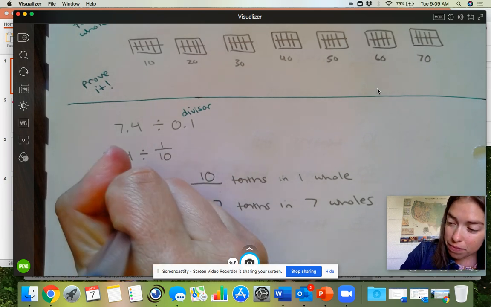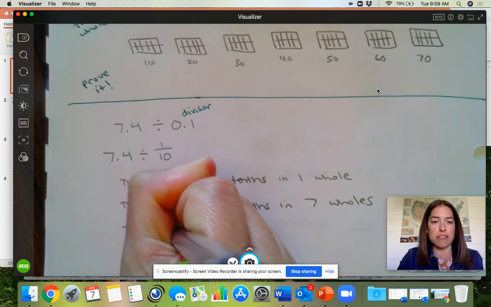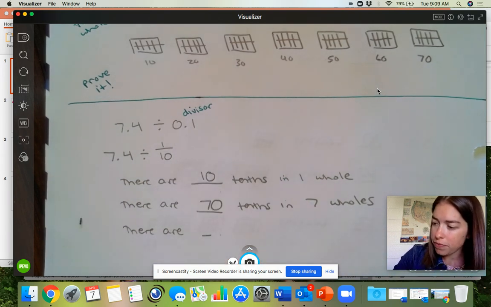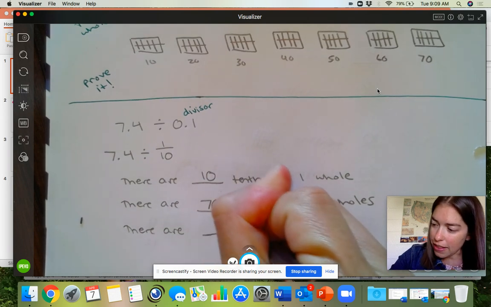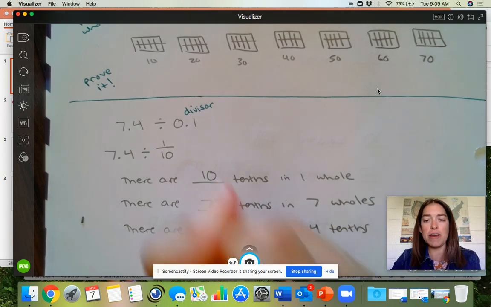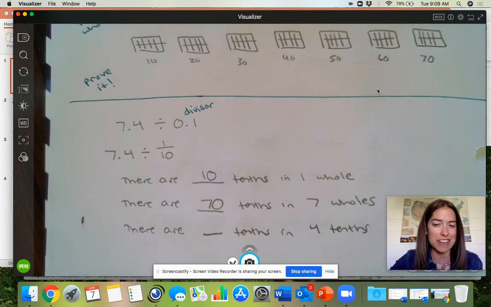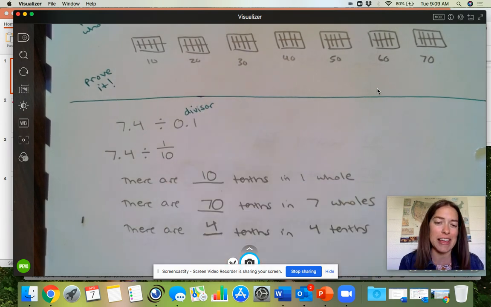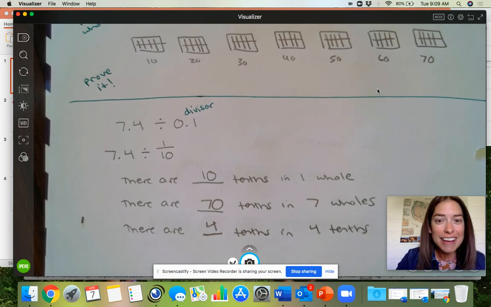Well, there are, you should be writing this along with me, there are blank tenths in 4 tenths. The answer is right there for us. There are 4 tenths in 4 tenths. This is one of those questions where the answer is almost given away, and it almost seems harder than it is because we think, wait a second, it can't be that easy, but it is. How many tenths in 4 tenths? Well, there are 4 tenths in 4 tenths.